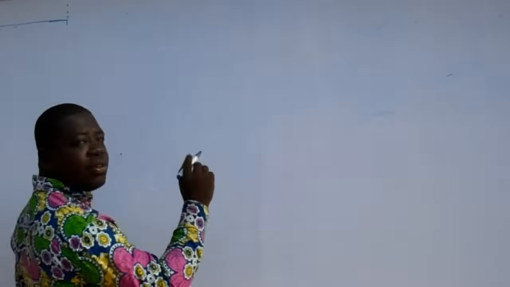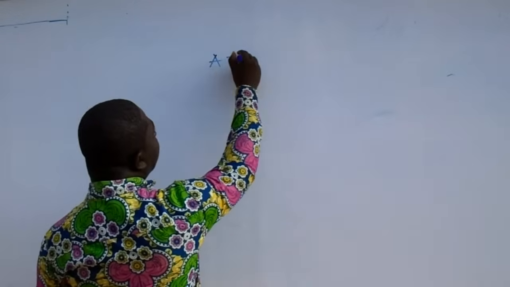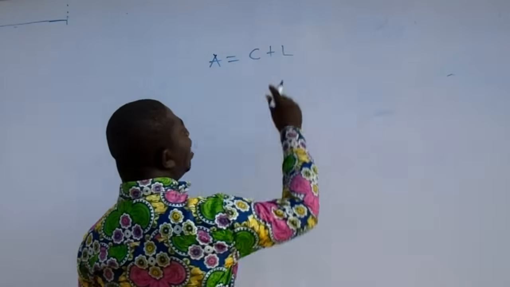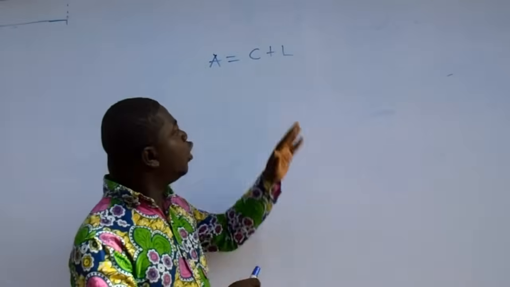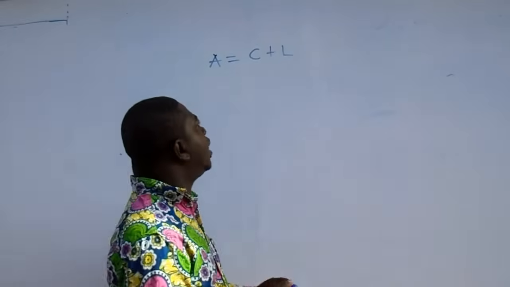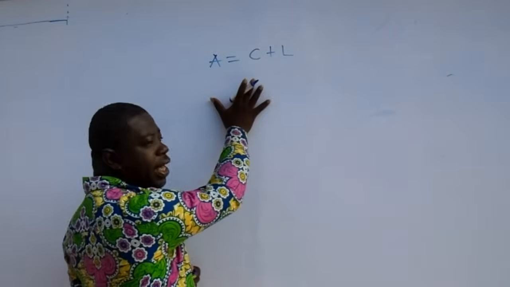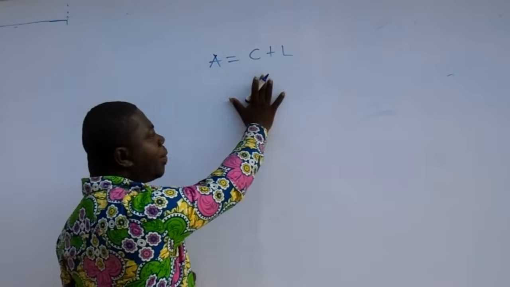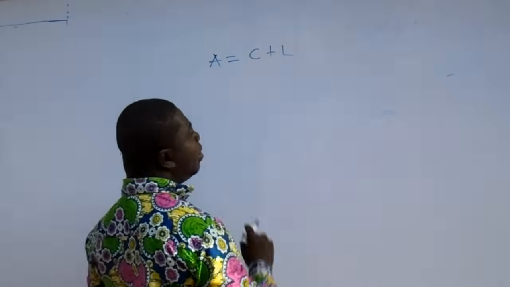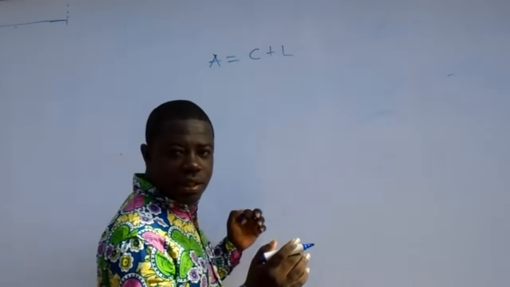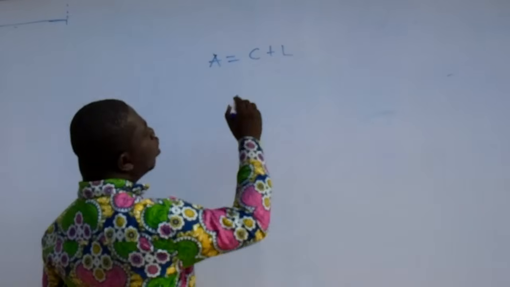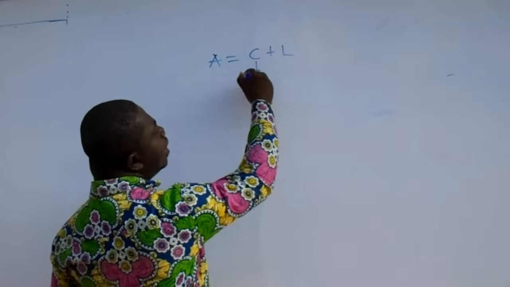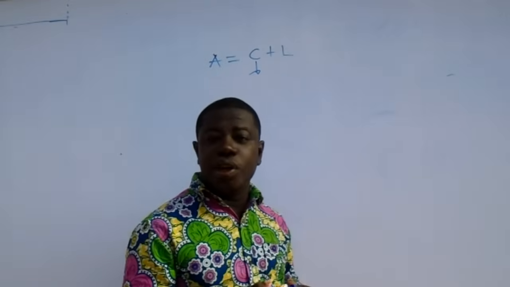Now take note, we know that the accounting equation is that our assets should be equal to our capital plus liability. This is the basic thing that we know. This equation, assets equals capital plus liability, can be expanded. What we do is assume that this C, which is the capital, is the owner's equity.